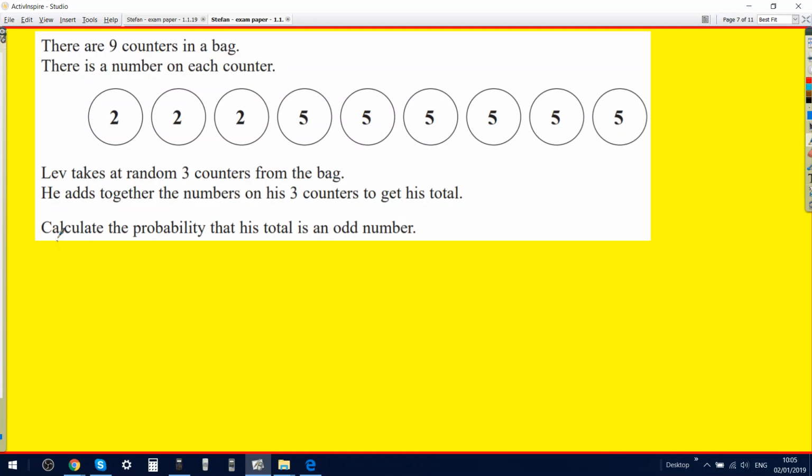So I think if you list the successful outcomes first, so how can you get an odd number, and then go from there?